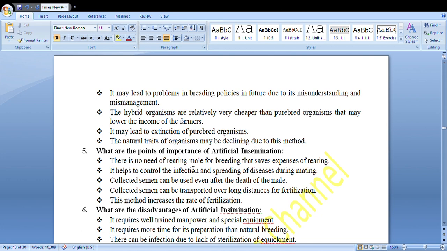There is no need of rearing a male for breeding, which saves the expenses of rearing. It helps to control infection and the spread of disease during mating. Collected semen can be used even after the death of the male. Collected semen can be transferred over a long distance for fertilization. This method increases the rate of fertilization.